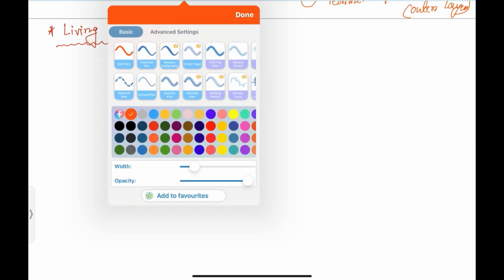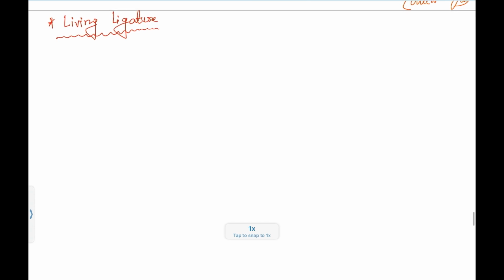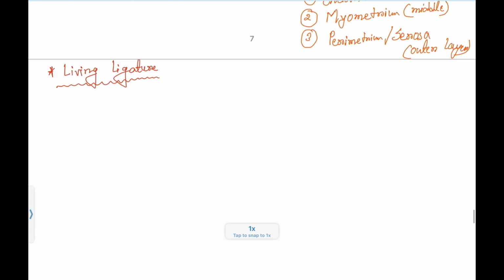Now there is another important concept: what is living ligature? Living ligature means, as you already know, the uterus has 3 layers.